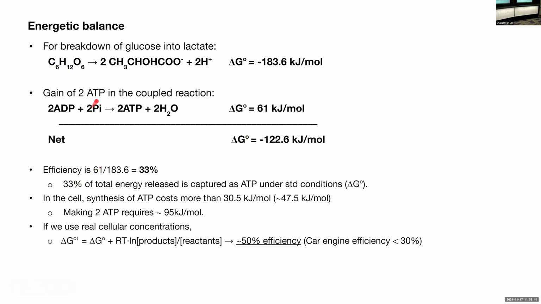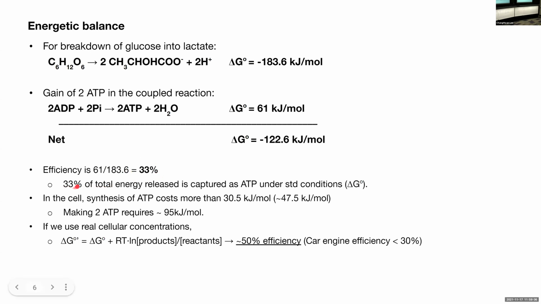And when you think about the efficiency of these two coupled reactions, you're basically gaining 61 kilojoules per mole here, and your input is 183.6 kilojoules per mole. So if you get the ratio of that for the efficiency, that's about 33%.